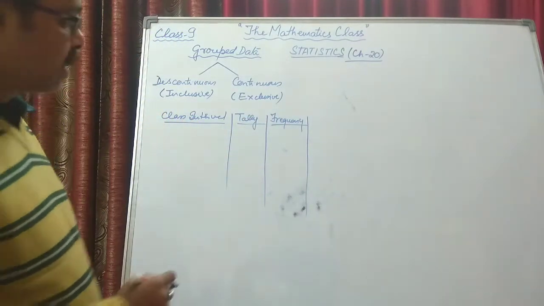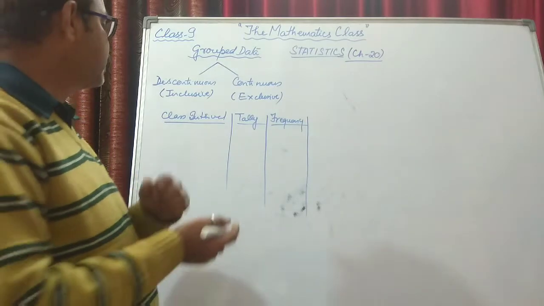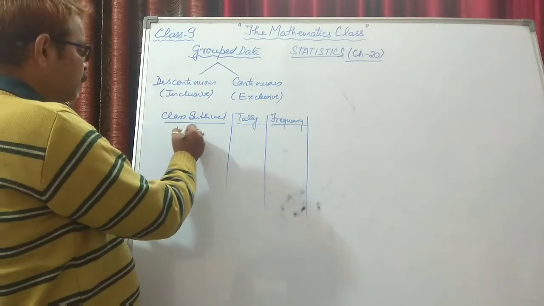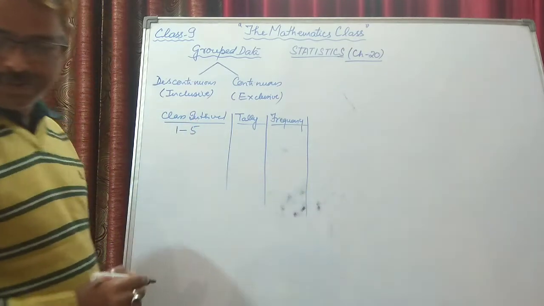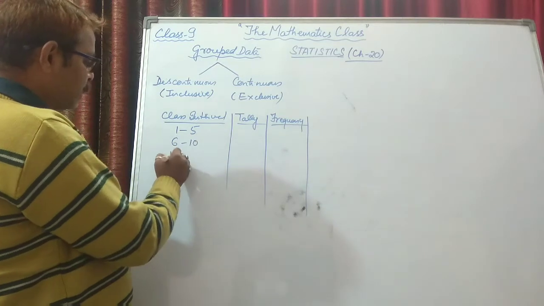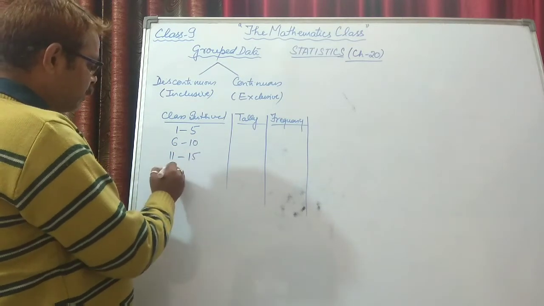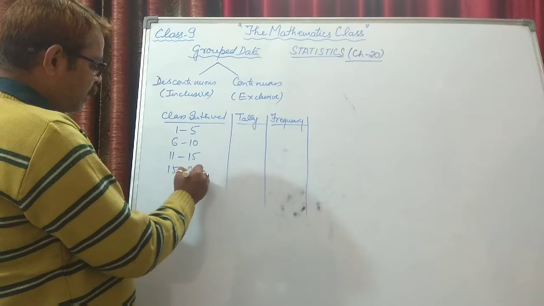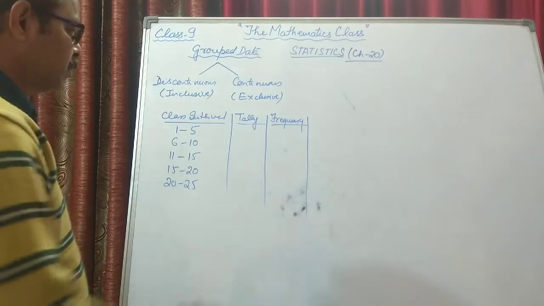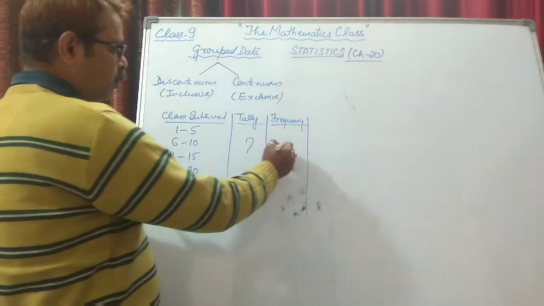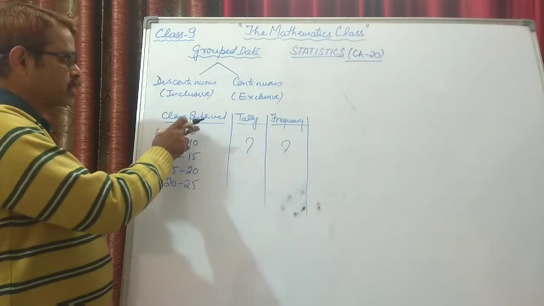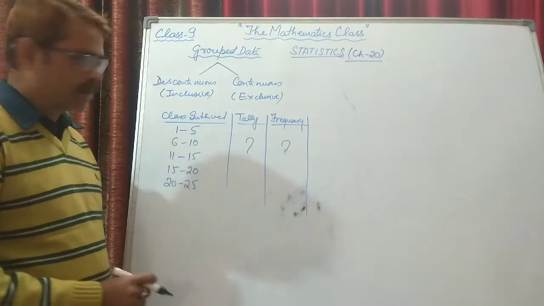I have 25 students in my class. The marks are divided as 1 to 5, then 6 to 10, then 11 to 15, then 16 to 20, and 21 to 25. We are not bothered about all these things. My main focus is on discontinuous data.